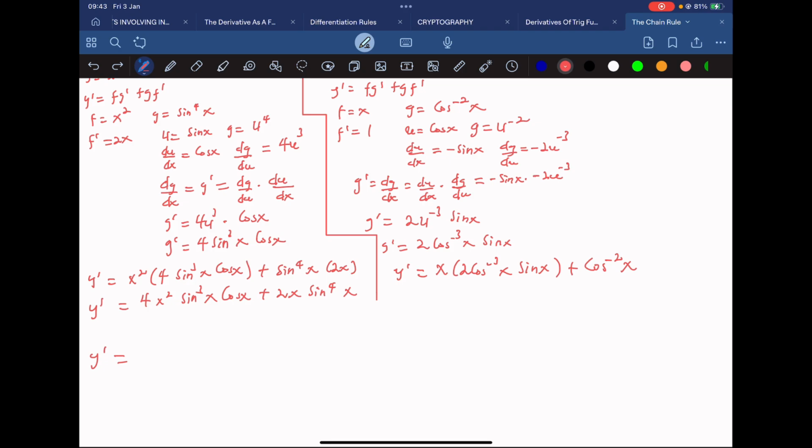So the first one is 4x squared sine cubed x cosine of x plus 2x sine 4x.